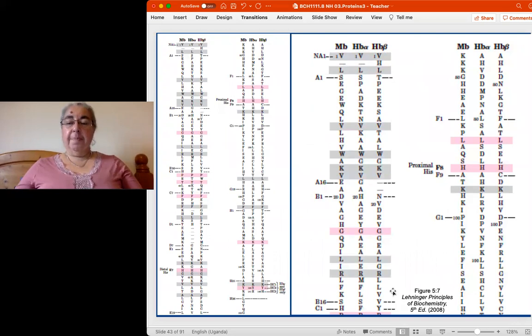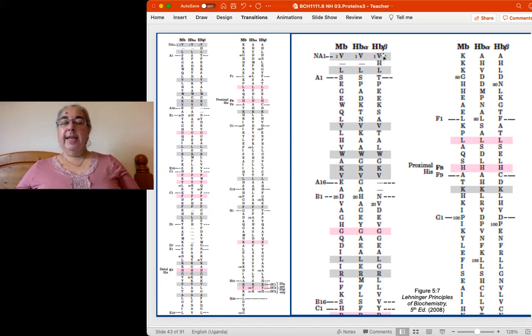Okay, so an example here, again taken from Lehninger textbook, is 3 proteins which are going to be meeting again later: myoglobin, hemoglobin alpha, and hemoglobin beta. Okay, and here are the sequences written out from the N-terminal end here to the C-terminal end here. So I know this is rather small, so I've just made the top part of it here a bit bigger.